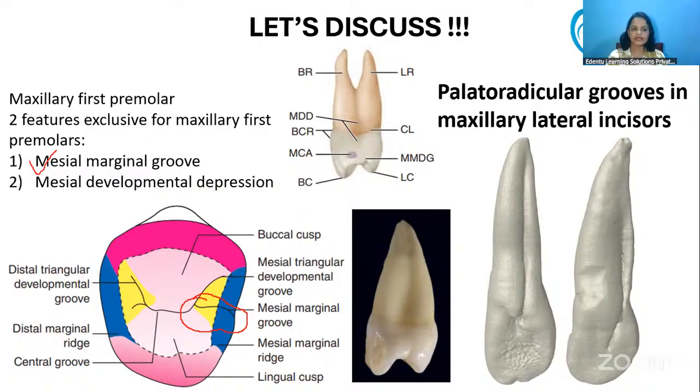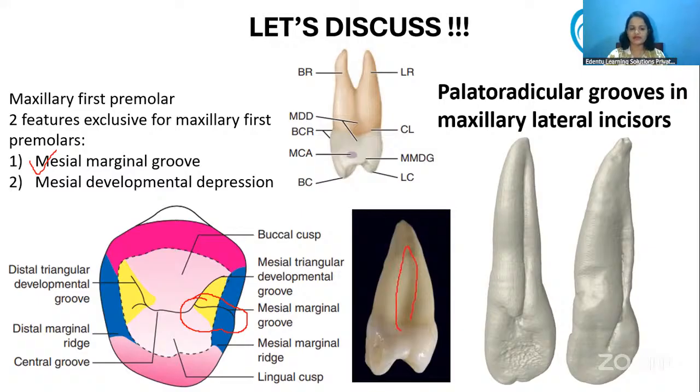The first one is this mesial marginal groove. It extends from the occlusal surface, crosses the mesial marginal ridge and goes to the mesial side like this. This is very important. And on the mesial side also, there is a developmental depression that is most commonly seen from the contact area till the root bifurcation region.